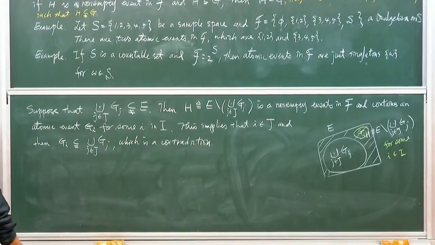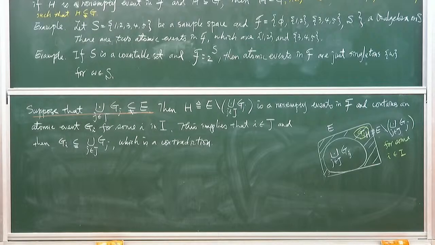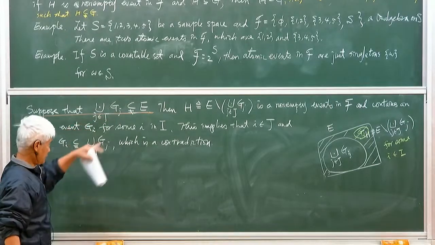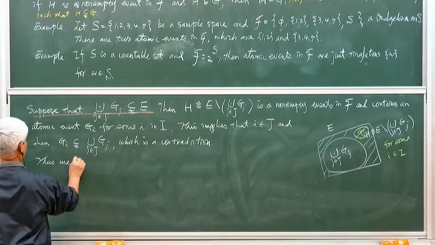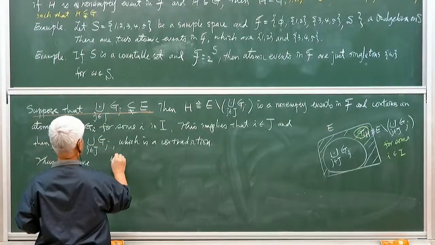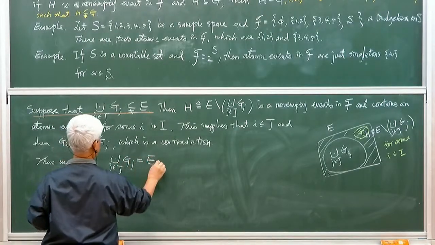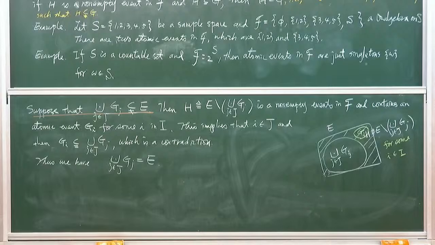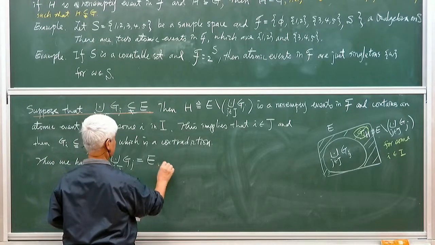So the contradiction comes from here, so this cannot be true. Thus, we have that the union is equal to E. This is the only possible choice, and we are done.